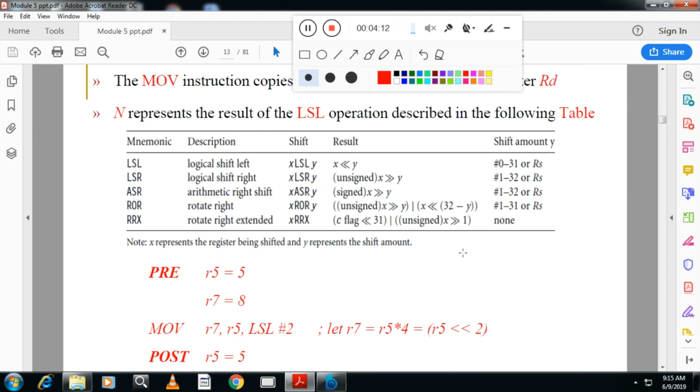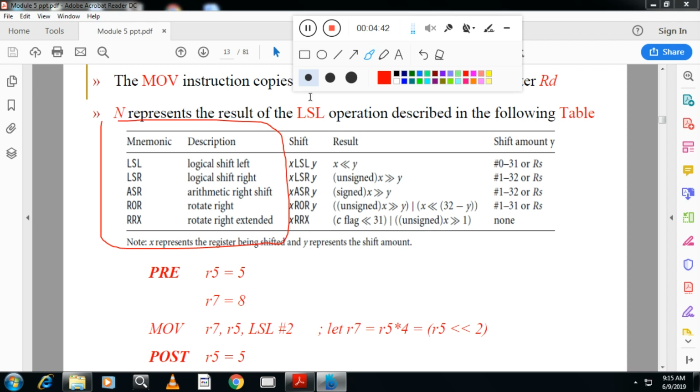So what are the operations done by the barrel shifter? The barrel shifter will do the following operations: logical shift left, logical shift right, arithmetic shift right, rotate right, and rotate right extended. From the exam point of view, you have to remember these two columns, that is, the operations done by the barrel shifter.